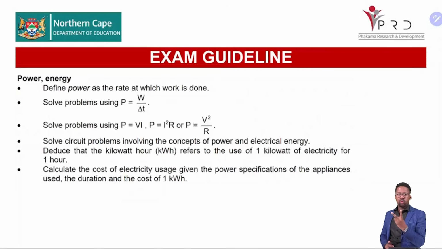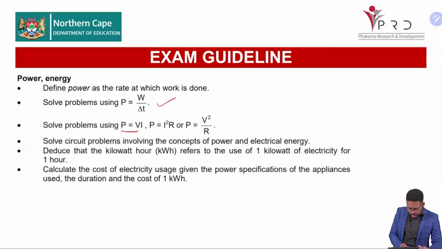So we've spoken about 2. The examiner can say state Ohm's law, and now the examiner can say define power. Then we can borrow from work, energy, and power. It is the rate at which work is done. But also there are 3 formulas in grade 10, 11, and 12 that speak to power.